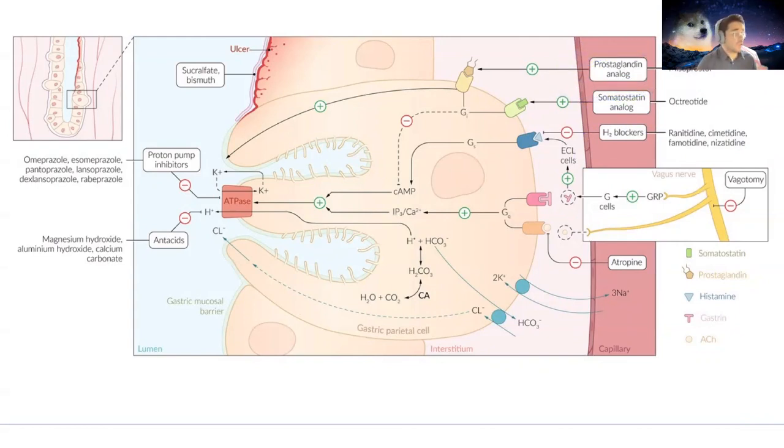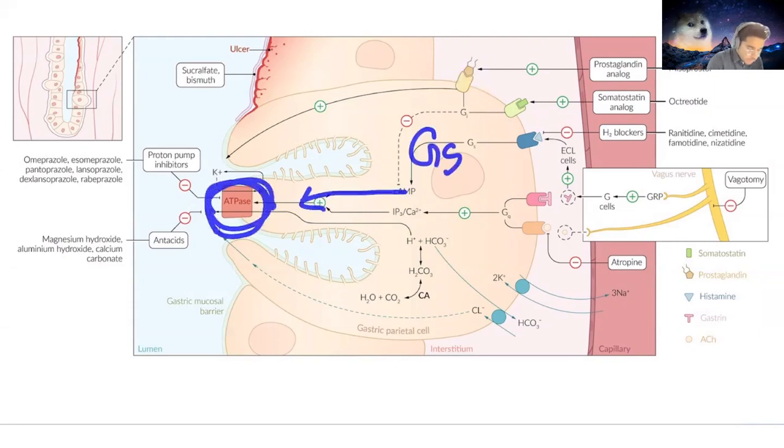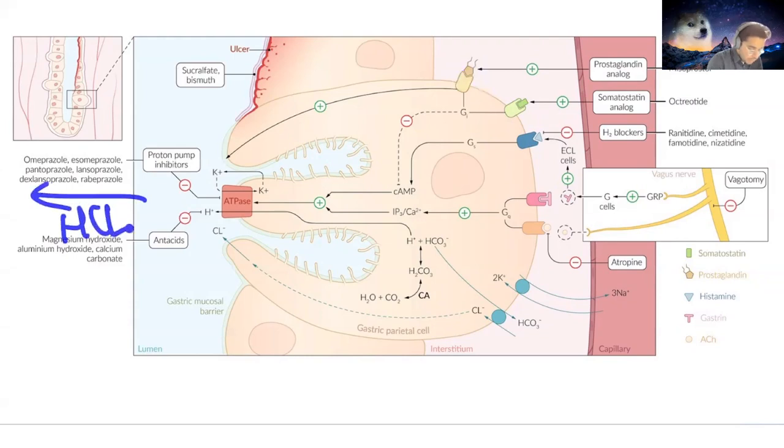So you have to give them artificial or analog prostaglandins in order to inhibit excess gastric secretion, right? Because remember, if this gets shut down, there's upregulation of your Gs process, more cyclic AMP, more proton pump activity, and boom, you get a whole bunch of hydrochloric acid and you have peptic ulcers now.